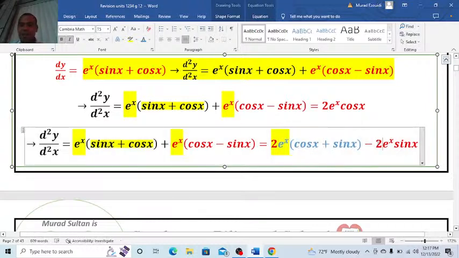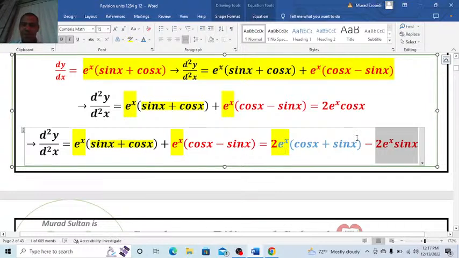And here, minus 2 exponential sine of x: from the beginning your function is exponential sine, and here there is minus 2, meaning minus 2y, and this is 2 multiplied by the first derivative of the function.